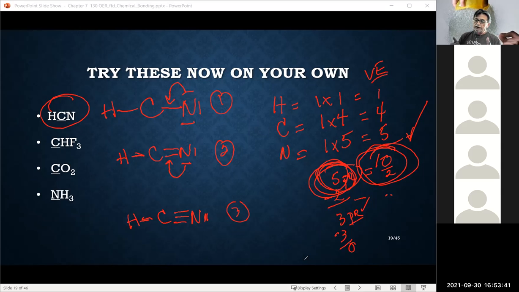Now I check the octet. Nitrogen still maintains 8, but now carbon has 8. That triple bond is shared between the nitrogen and the carbon, so they count in both directions. So, if I were to draw a little jagged line here, to the right of the jagged line, I got 8 electrons.